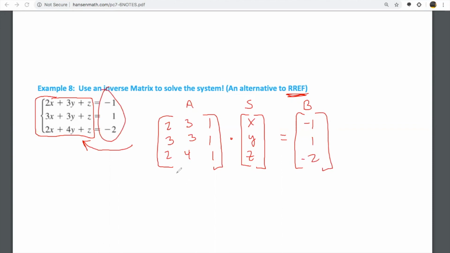Okay, so mathematically this is sound, but boy oh boy, if we could just find a way to get this by itself, we can using the inverse.